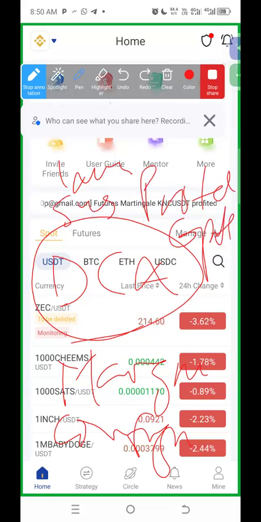There are various ways a trader ensures that once he wins the trade, he also protects his capital, or once he loses the trade, he also protects his capital.